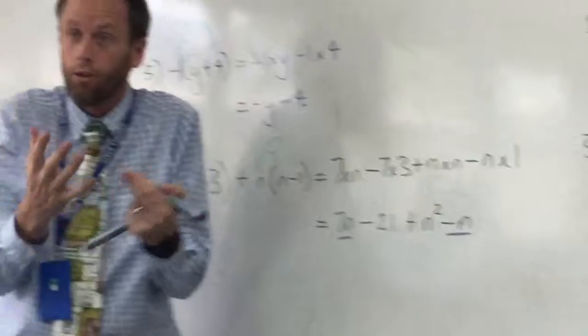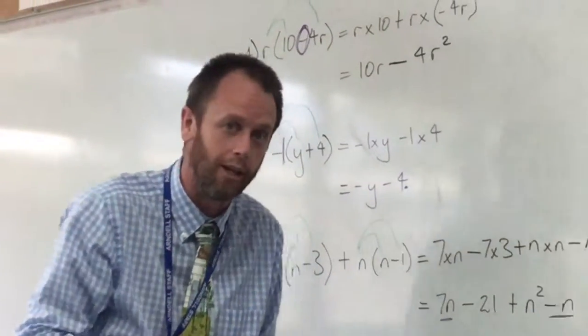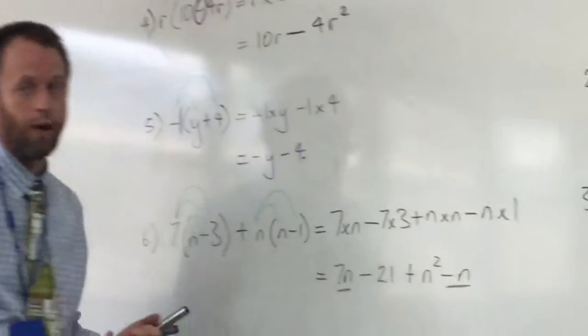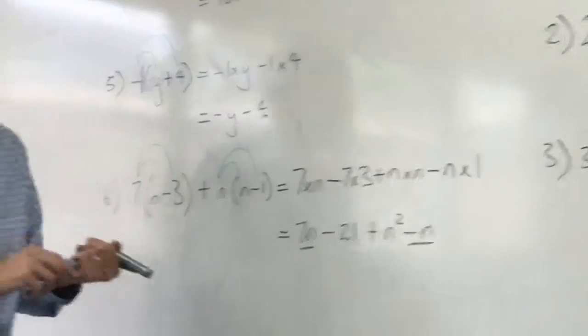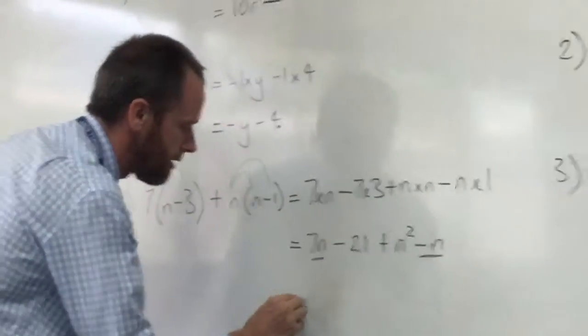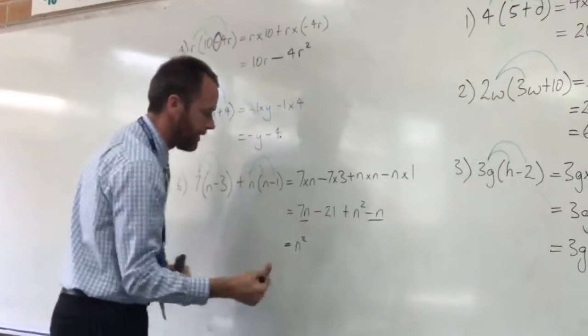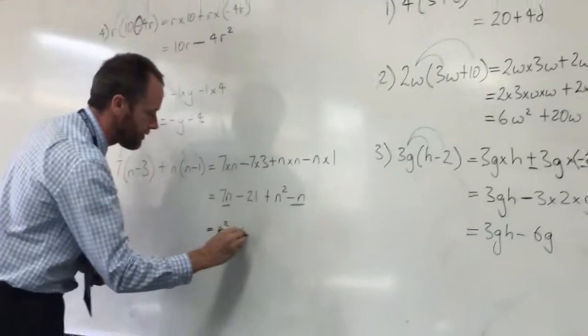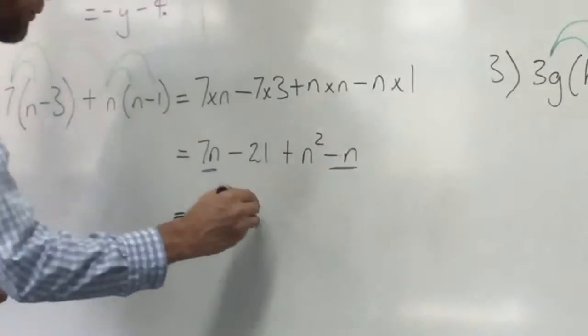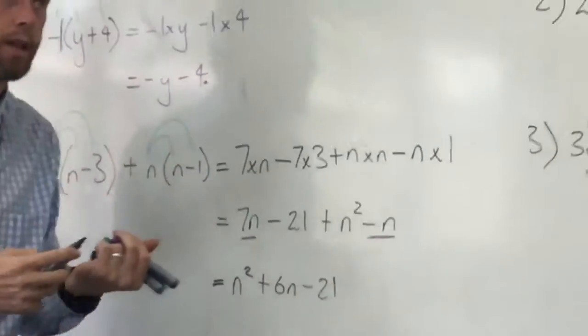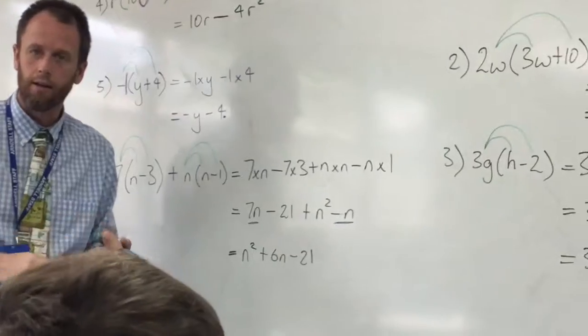Now, to make it actually look what mathematicians think is pretty good, we'll put the squared first. That just makes it look nice. So you end up with n squared. You've got 7n minus n, so that becomes 6n minus 21. And that's how we expand expressions.